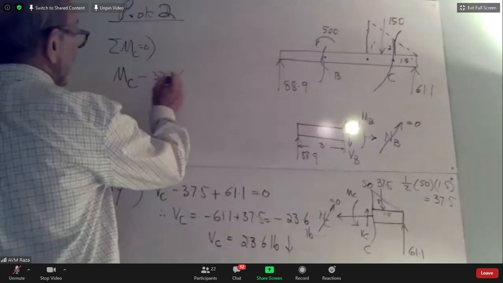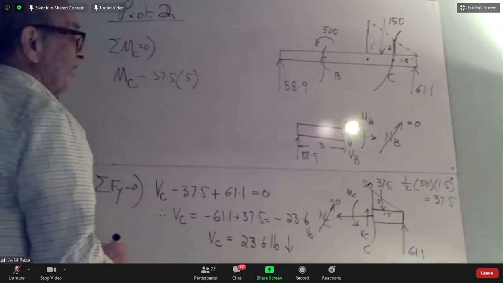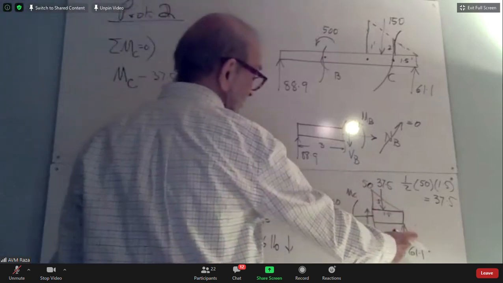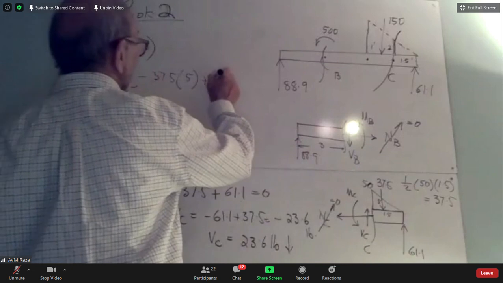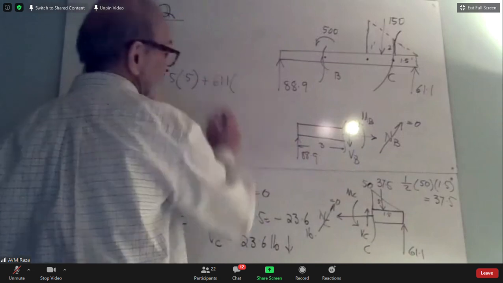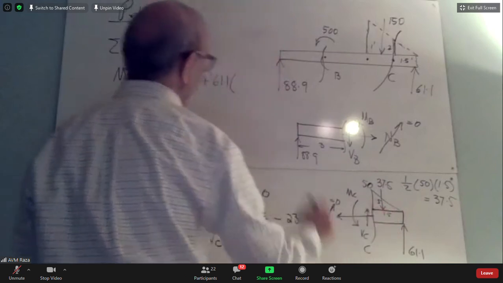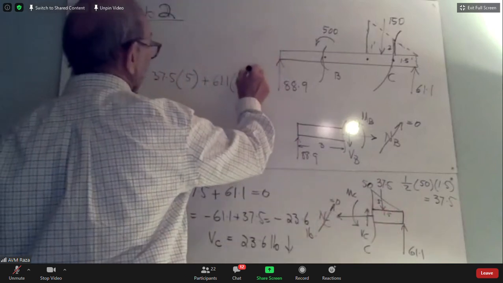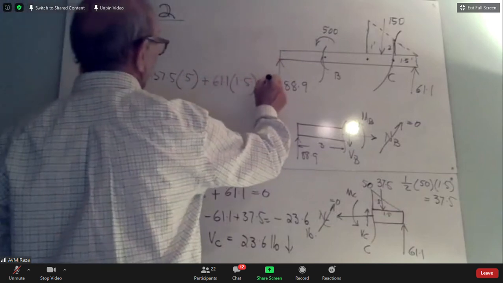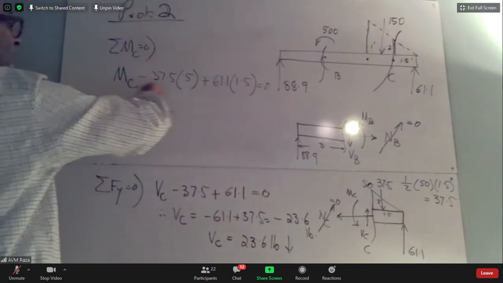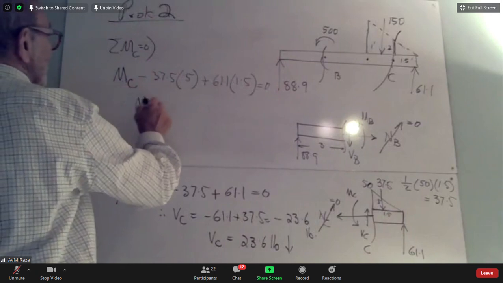So it will be minus 37.5 times 0.5, and then the moment due to 61.1 will be counterclockwise, so positive 61.1, and the moment arm would be this whole distance, which is 1.5, equal to 0. This is the moment equation at C.